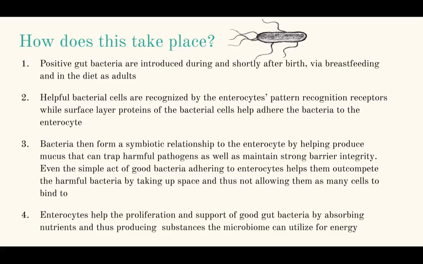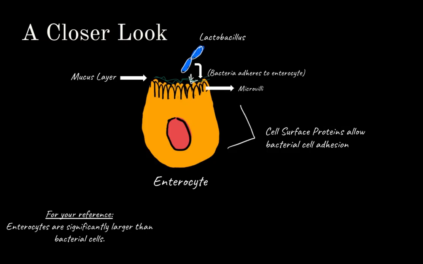In another diagram, I did a closer look at the Lactobacillus actually adhering to an enterocyte itself. So I labeled the mucus layer again, I labeled the Lactobacillus bacteria and where it adheres to the enterocyte. The microvilli are also just tinier versions of the villi on the surface of the individual enterocytes.